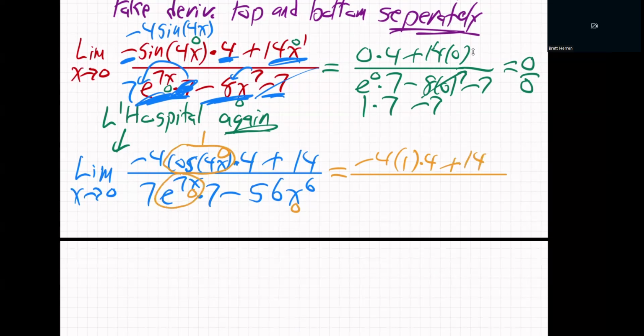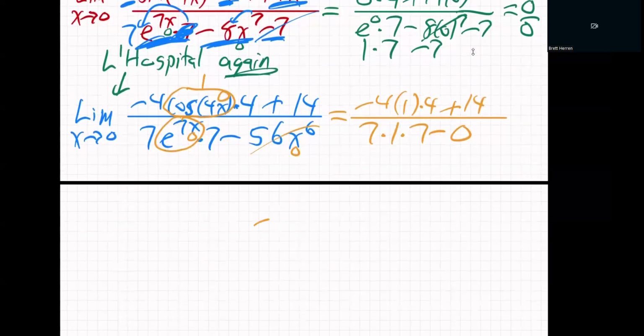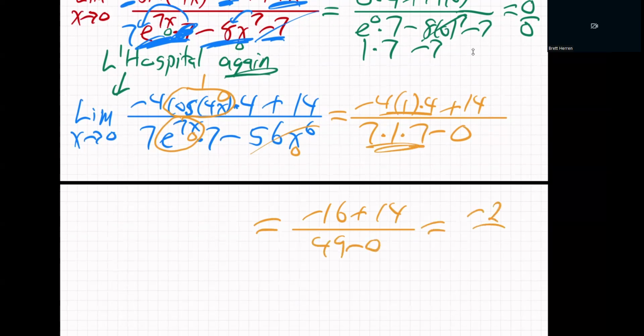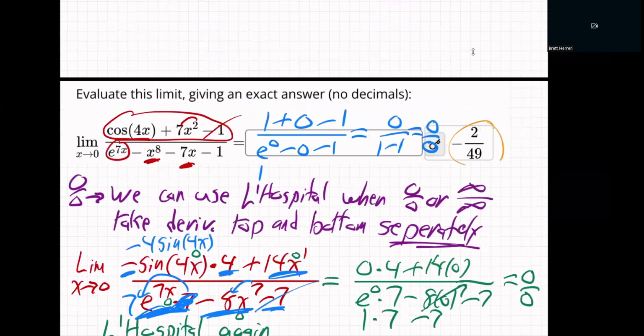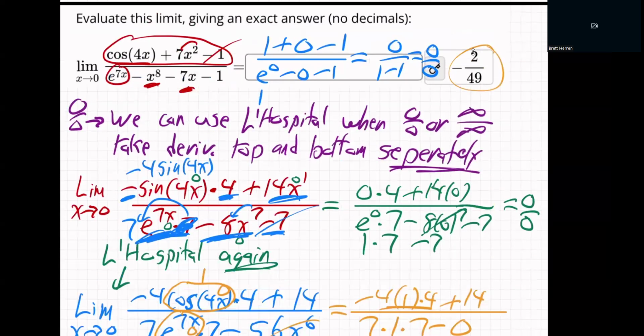And then here, e to the 0 is going to be 1. So 7 times 1 times 7 minus, and that's just going to be 0. Minus 4 times 4 is minus 16, plus 14, over 7 times 1 times 7 is 49, minus 0. It's minus 2 over 49. Was that the answer? Yes. So we had to do L'Hopital's rule twice. And so there we go.